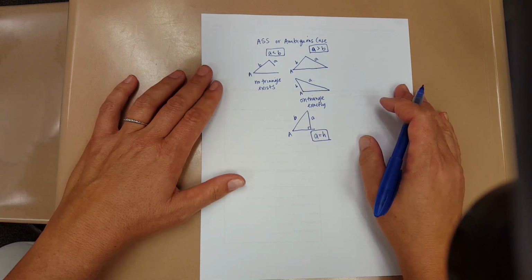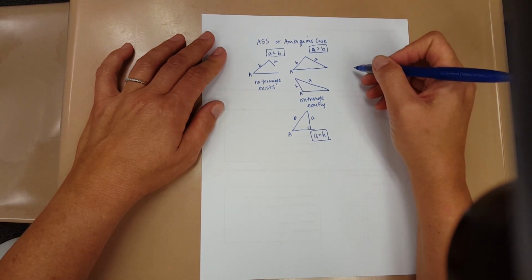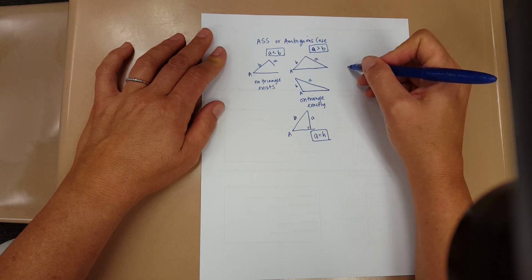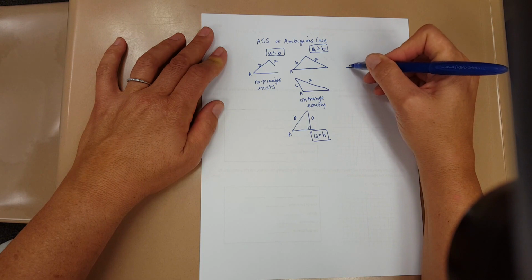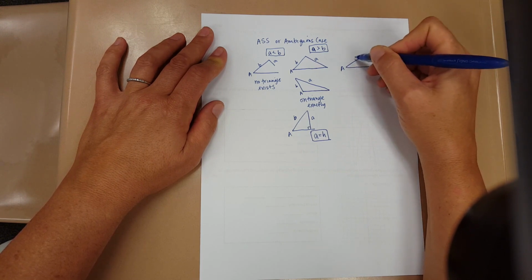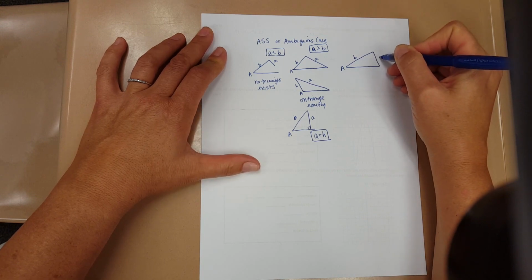And then we get to the fun cases where you can get two triangles, but it sure is tricky. We're given angle A, we're given this, and we're given this A value.